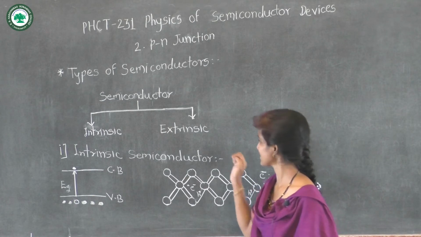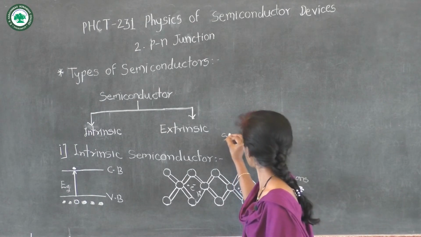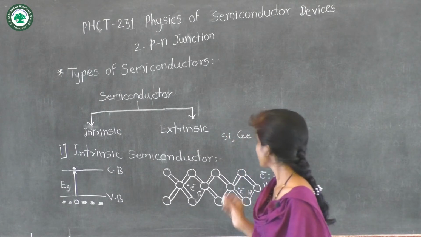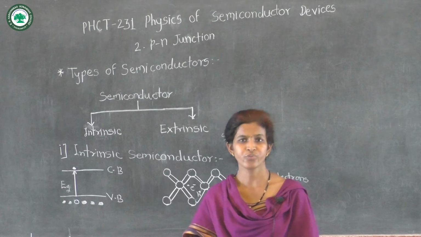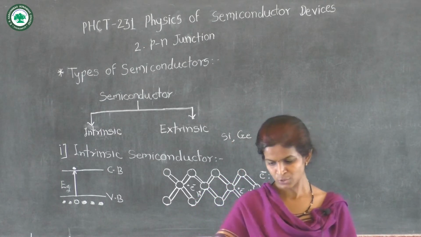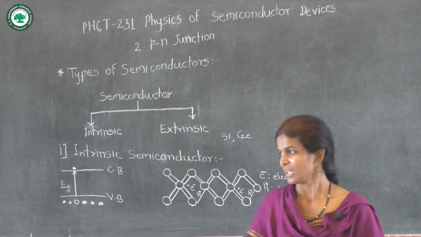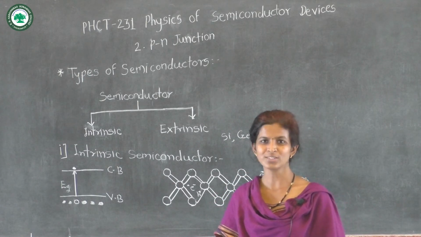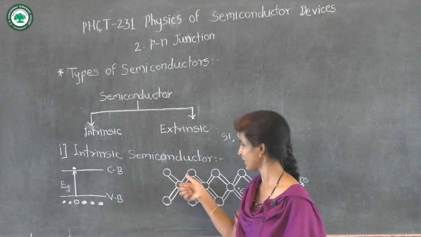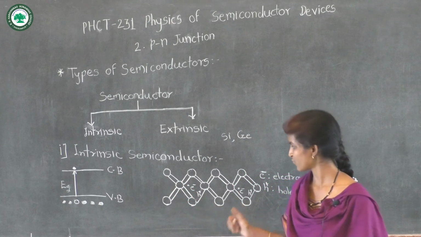As intrinsic semiconductors are pure semiconductors like silicon or germanium, and these have 4 electrons in the outermost shell, in order to complete its octet, other 4 electrons get shared and the octet gets completed, and in this way the solid is formed.